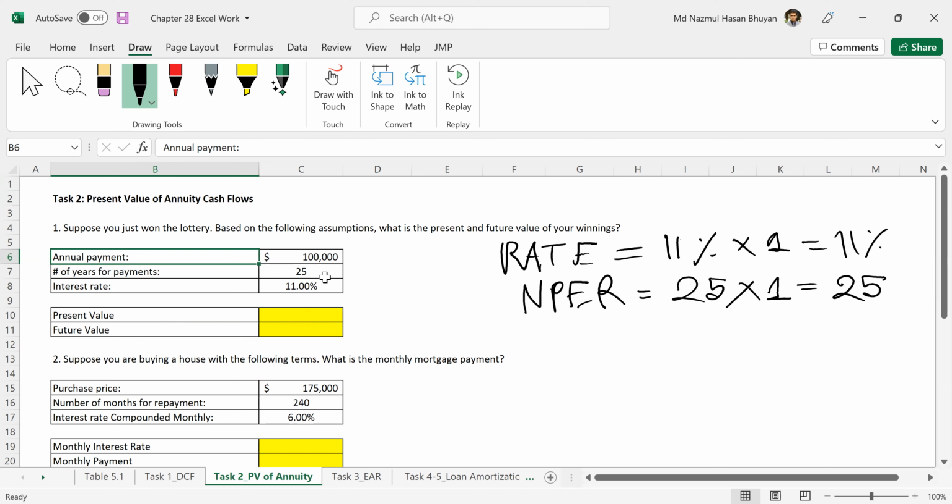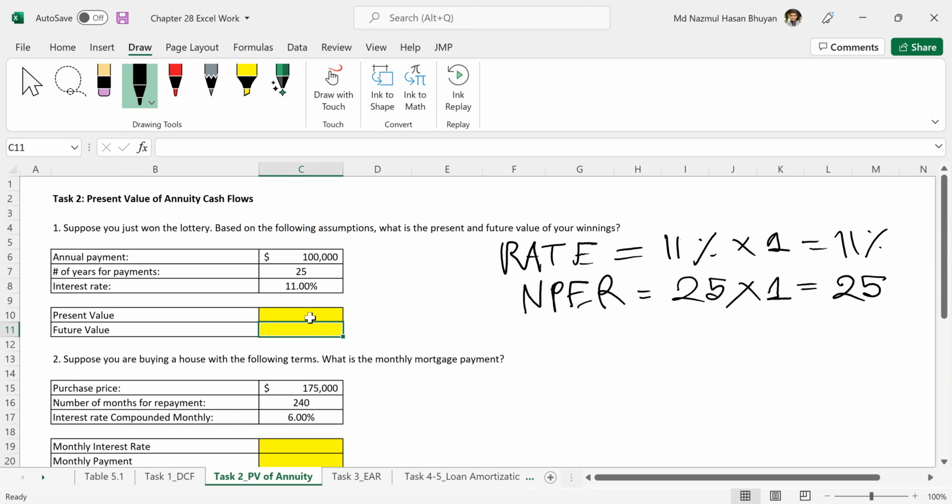So like I said, if you want to get something positive at present, you need to pay something in the future. Likewise, if you want to get something positive in the future, you need to pay something right now or over some particular time period. Now, here I want to get my present value and future value positive.